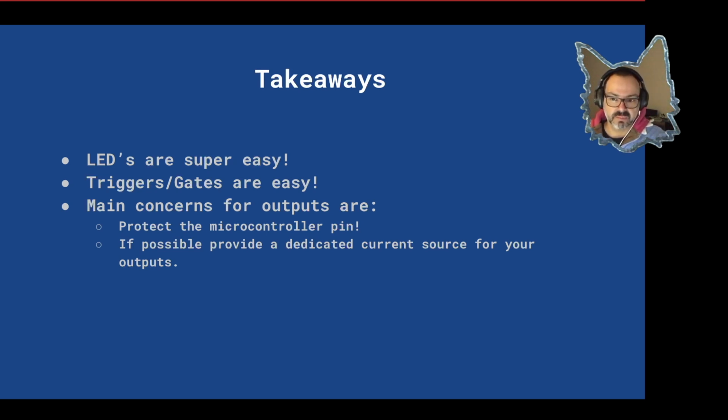We also talked about some of the main concerns when we are driving signals out of our microcontroller, right? So main concerns are we want to protect our microcontroller from incoming signals. So something that can sink current will protect the pins. And then we also want to make sure that we provide a dedicated current source for the signals going out. So not much to it, but that's it.